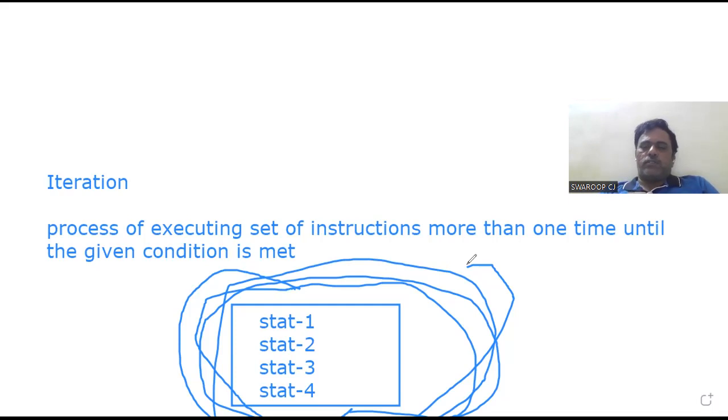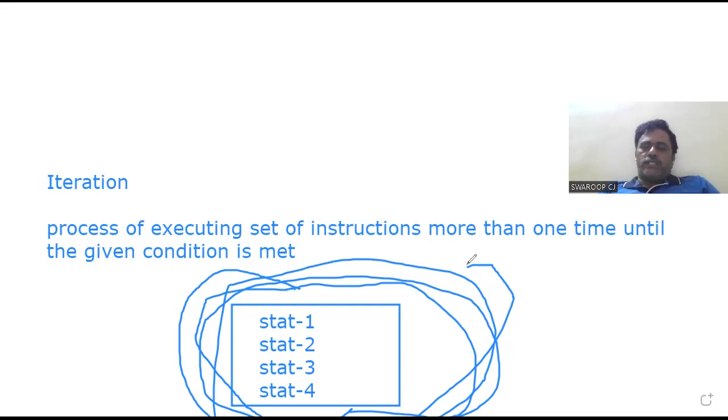To avoid this, you go to the concept of iteration. How long can this happen? I can't say: one time, two times, three times, 10 times, or even n times. If you want to execute a set of statements multiple times, I will use the concept of iteration.